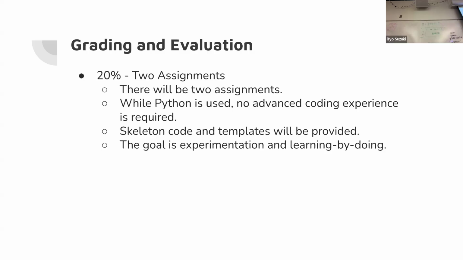This uses Python, but I don't really expect, maybe half of them are computer science students, but especially for our course, I don't expect advanced Python skills. The goal of this assignment is not to evaluate coding skills, but to use the code to experiment and understand how GPT works, or how LLM agents work, and how you could use or integrate them into your system.